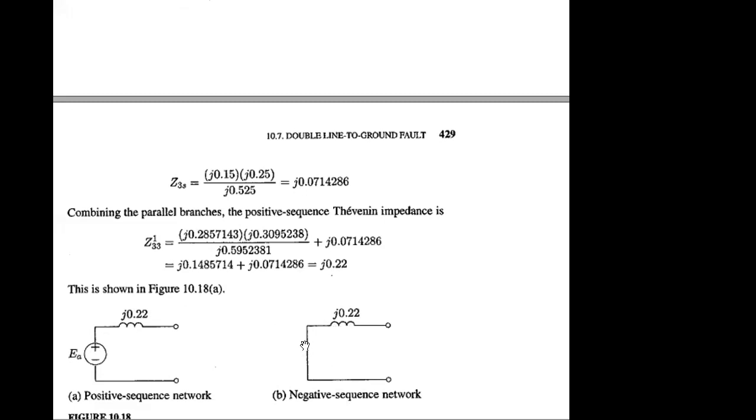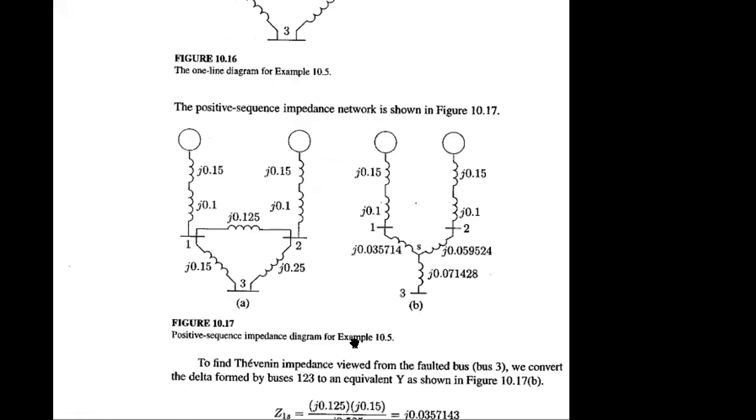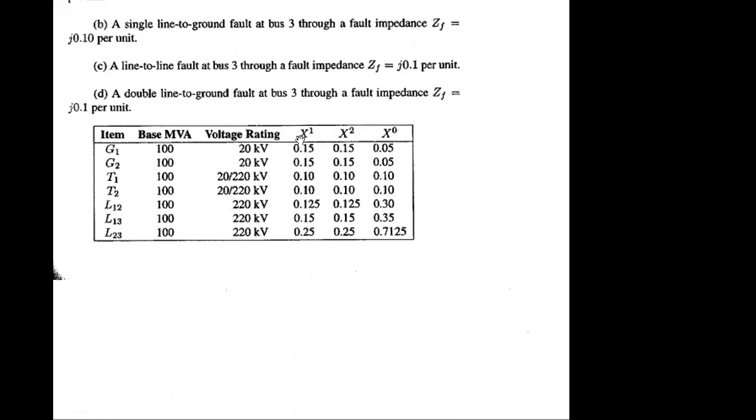Only the source is not there for negative, but the impedance value is the same for Z1 and Z2. Why is it the same? It is from the chart. You can see there is no difference between the X1 information and X2 information; they are the same. So when you follow the same procedure, you will get the same result.